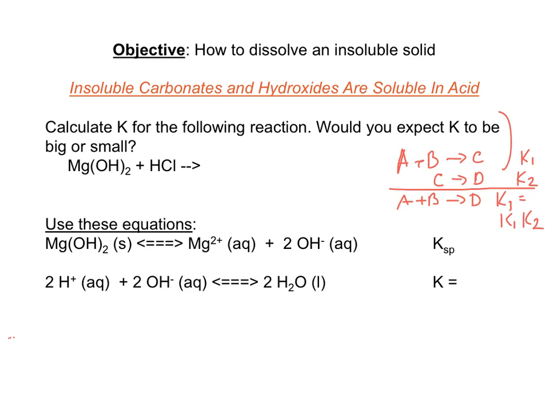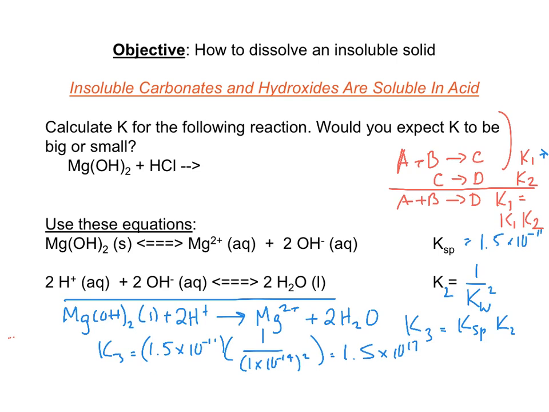If we have reaction A plus B going to C, and the equilibrium constant is K1, and we have a second equation, C going to D, the equilibrium constant is K2. Add those 2 equations together, we get A plus B going to D. K3 is equal to K1 times K2. Let's apply that to these 2 equations. We looked at the equilibrium constant for this reaction earlier.